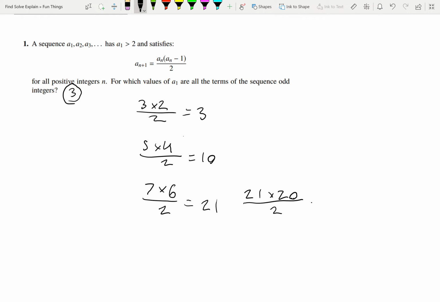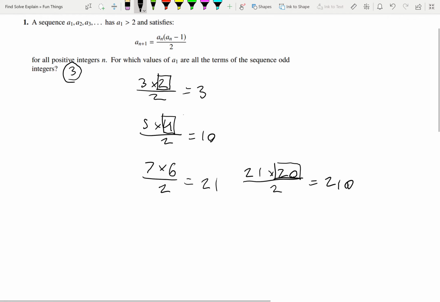One of the things you may notice is that there's a trend in the values of a_n minus 1. Whenever a_n minus 1 is divisible by 4, it will clearly break. Whenever a1 minus 1 is divisible by 4, it will break, and whenever a2 minus 1 is divisible by 4, it will also clearly break. This follows for any of them.